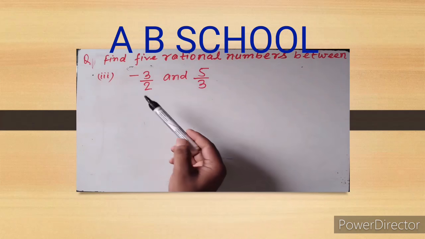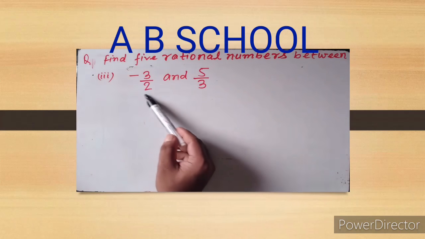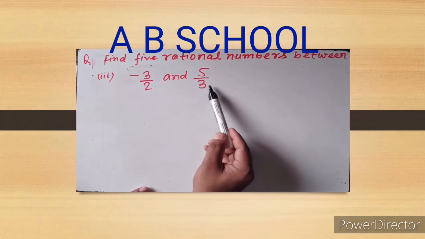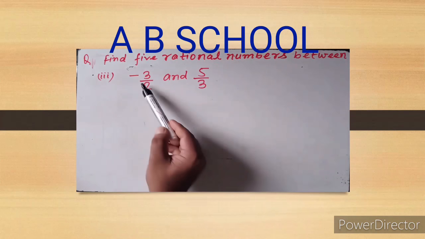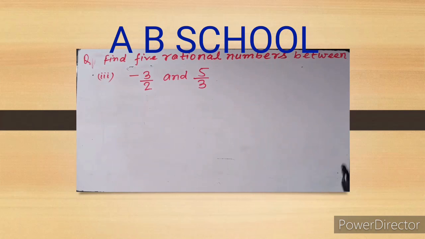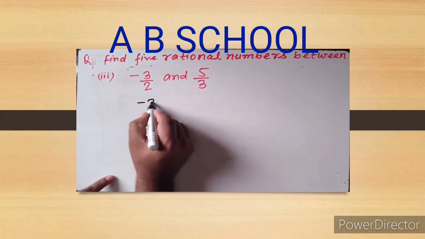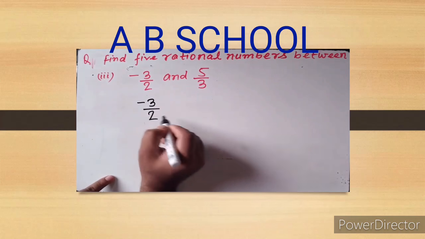Again, here the denominator is 2 and over here the denominator is 3. Now what is the first step? The first step is we will equalize the denominators. So first we will write minus 3 upon 2 and 5 upon 3.